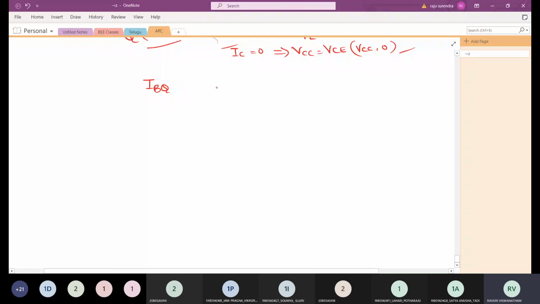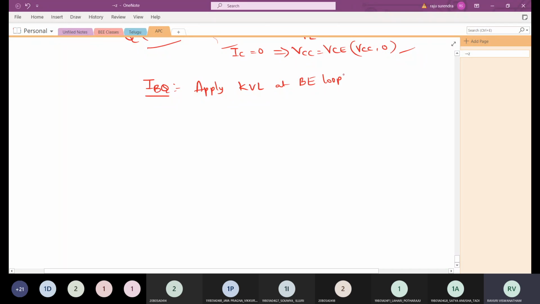Now, where do we have to find out the base current? At the input side, right? Okay. Now what we have to do? Apply KVL at the input side, or the base emitter loop.